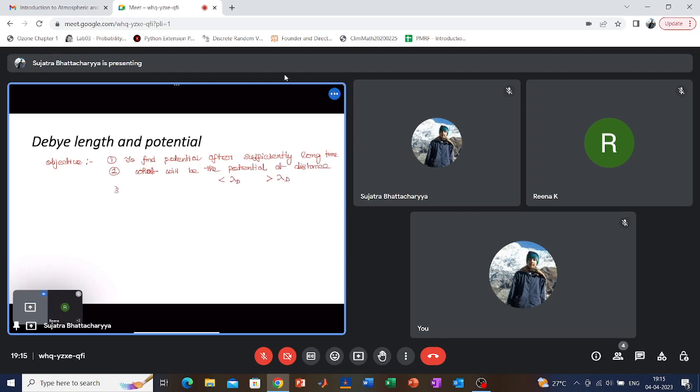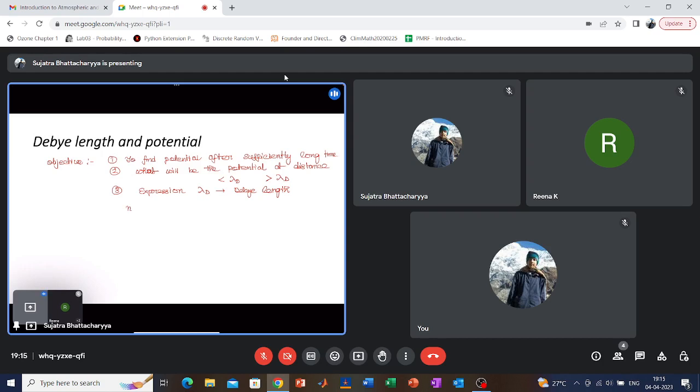Third, the expression of lambda d, how we can calculate this lambda d, that is, how we can calculate the Debye length. Okay, so these are the objectives which we will cover.